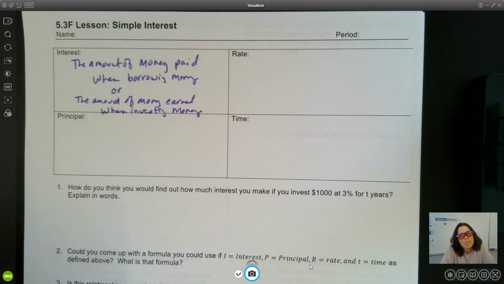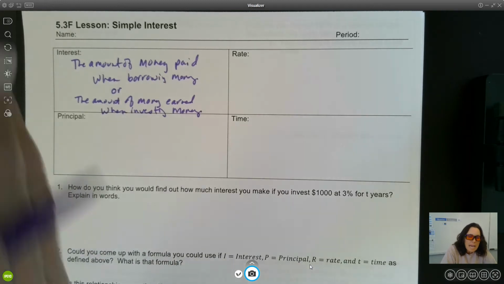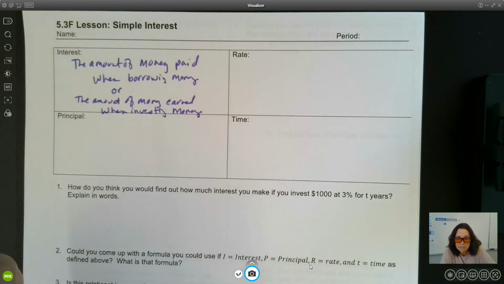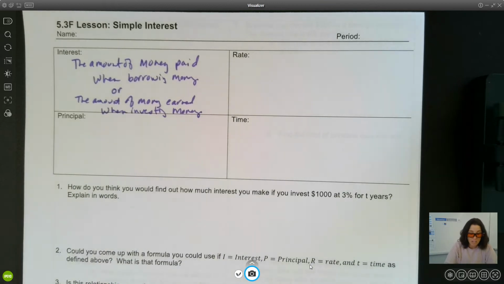If you have $5,000 sitting in an account and you get paid a certain interest on it, the next day you're going to have more than $5,000 in the account. Now, you take a certain percent of that 5,000 plus that little bit of interest. So the interest is working in your favor if you have money invested.